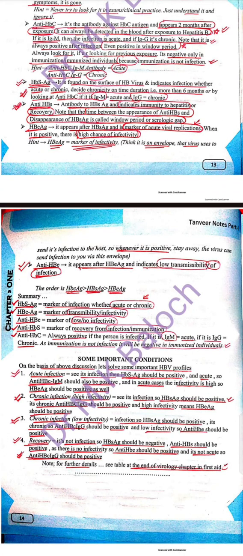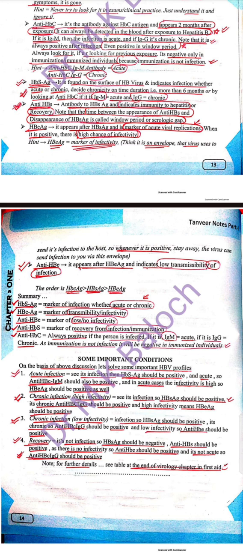So if you have HBe antigen in your blood, it is the marker of acute viral replication. It replicates through its envelope, like how you remember E. So here there is high chance of infectivity.